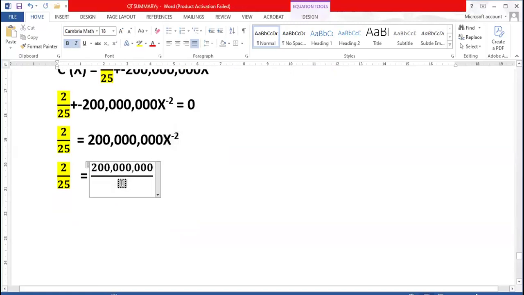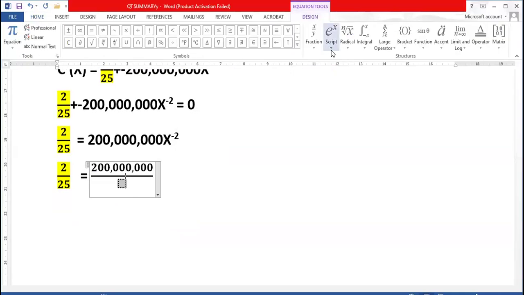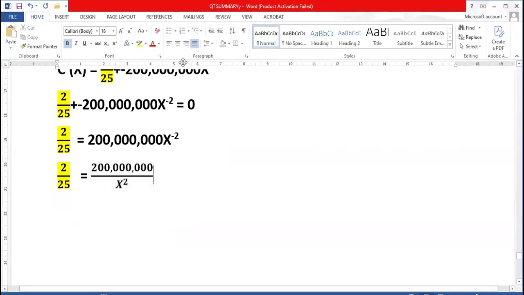So it will be x power 2 without a negative, because now you are introducing a denominator.